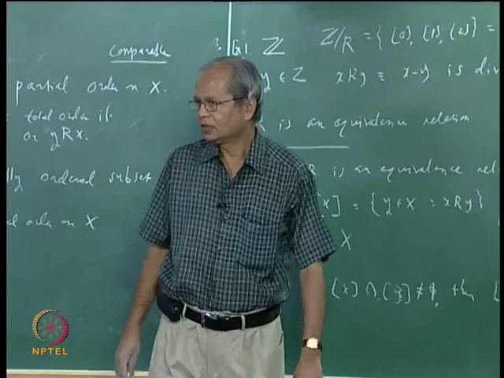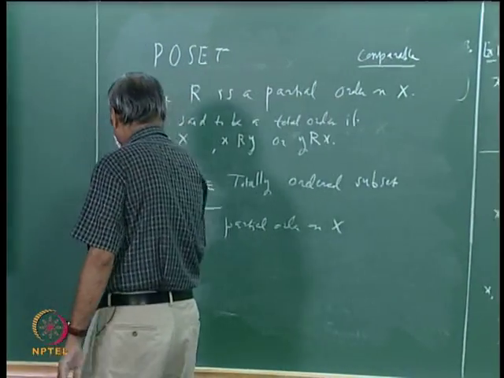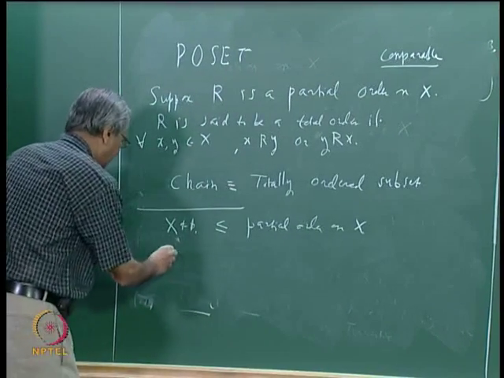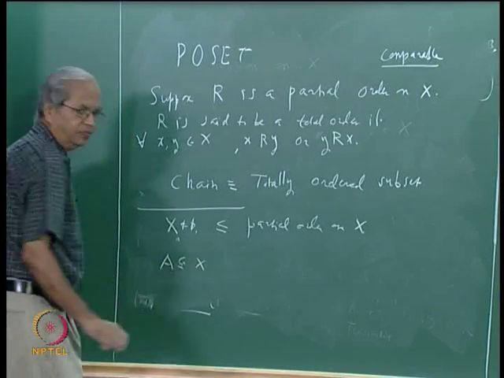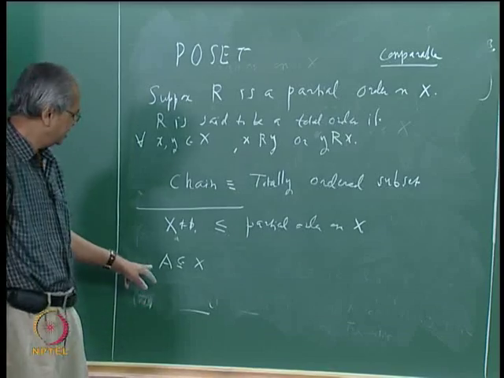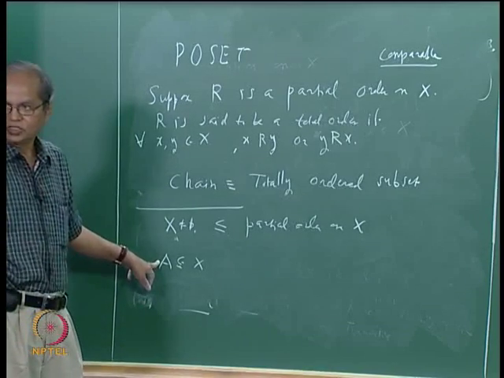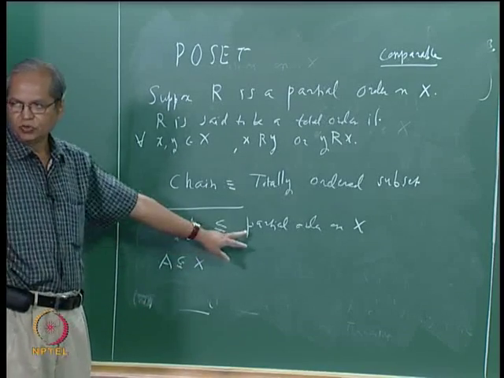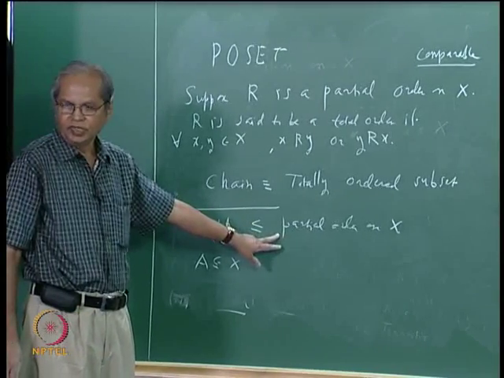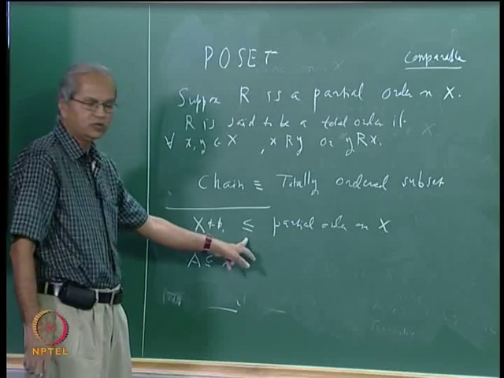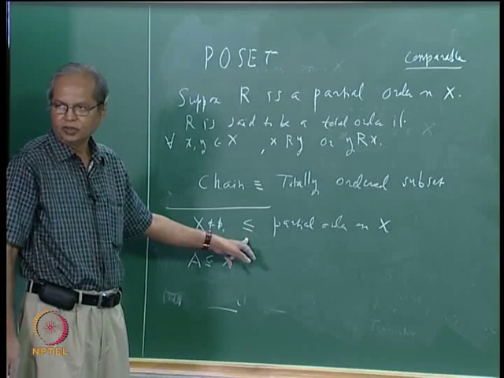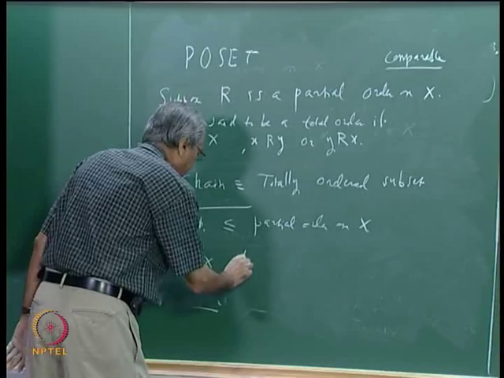Then suppose A is a subset of X. We say that this subset A is bounded above with respect to this partial order if there exists some element such that every element in A is less than or equal to that element.